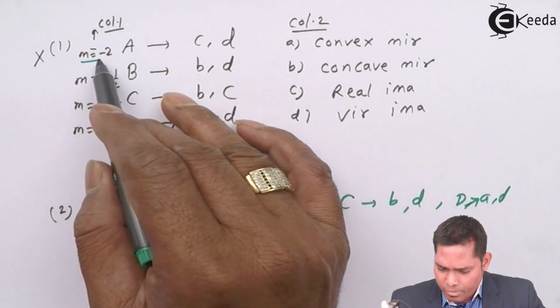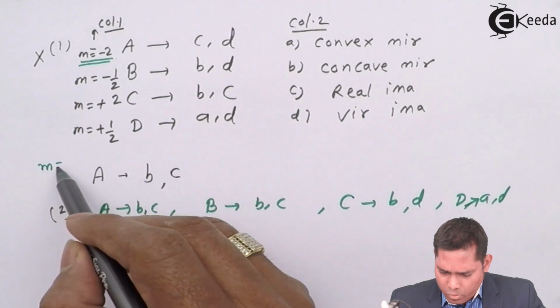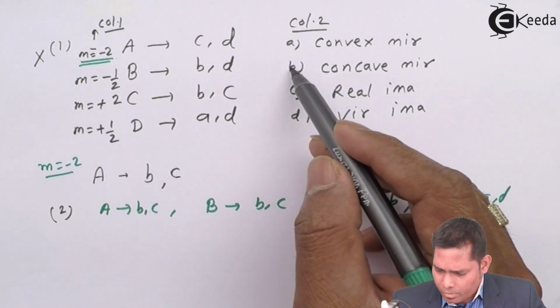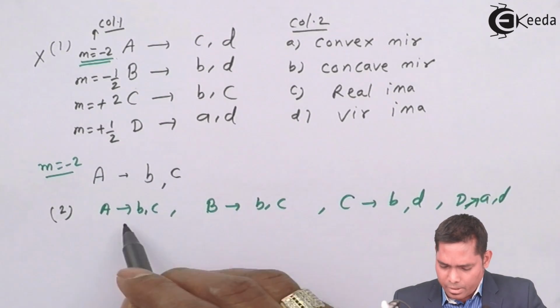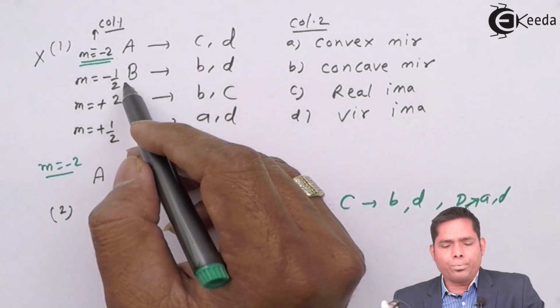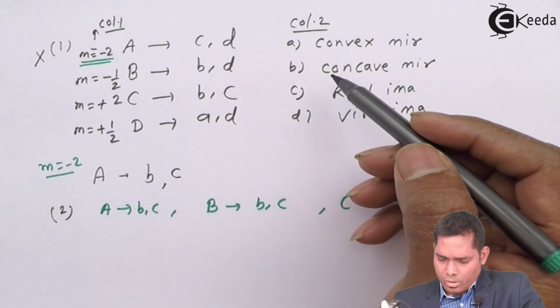A, which is this value, is only M is -2. M equals -2 stands for B and C, that is the concave mirror and real image. So this part is correct. If M is -1/2, then what do you get?